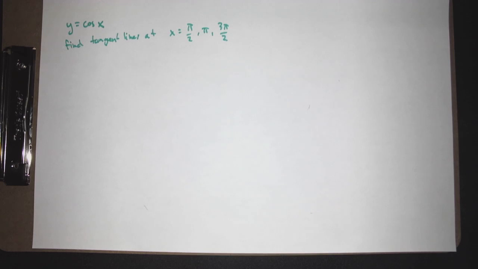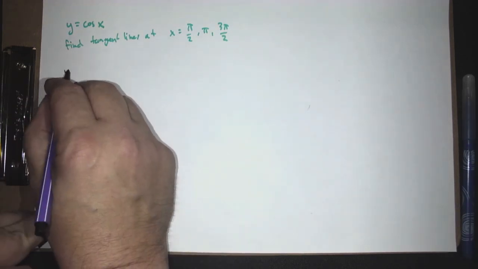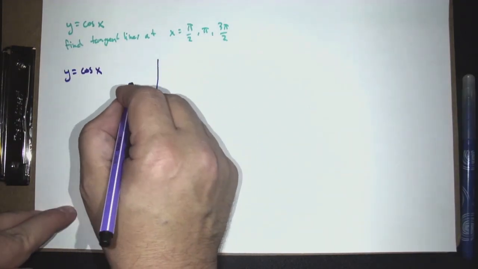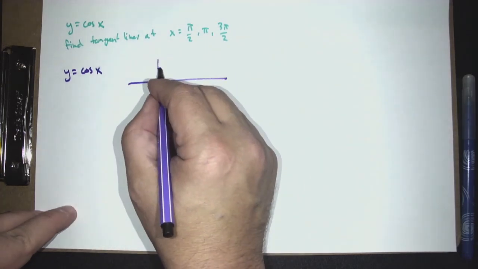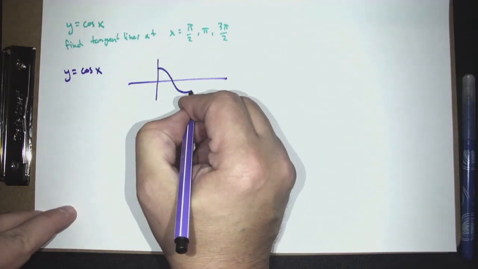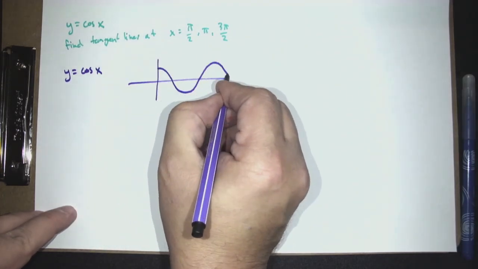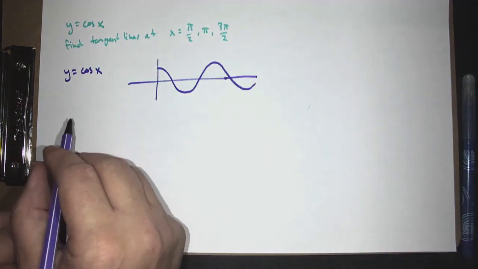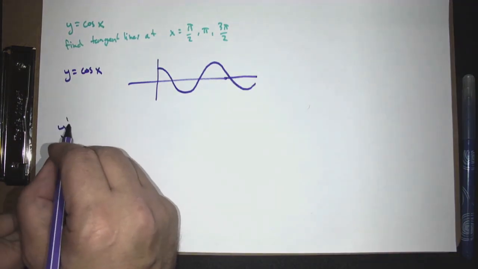All right. Okay, so I have a curve y equals cosine of x. Now, what does cosine x look like? Well, it looks like that. All right. Now, do we know what the derivative of cosine looks like?